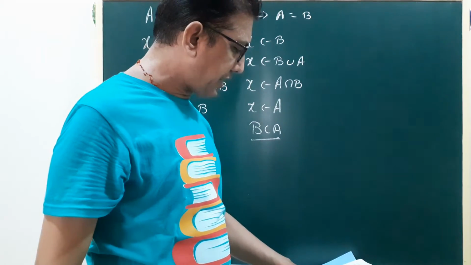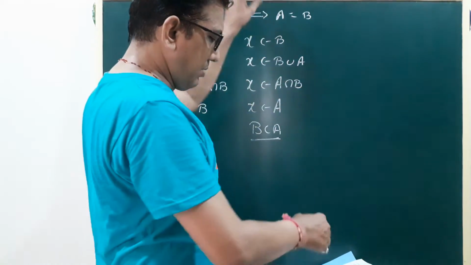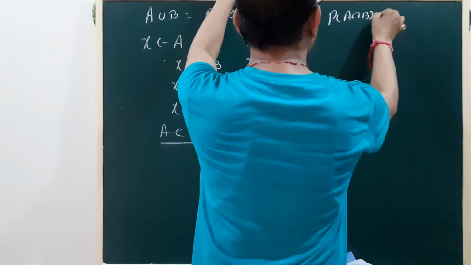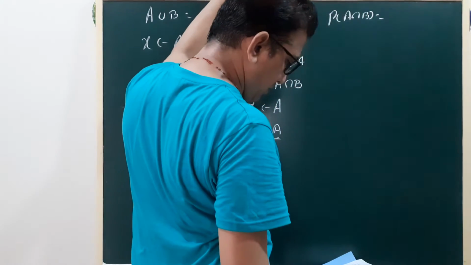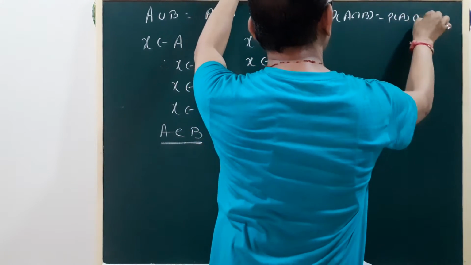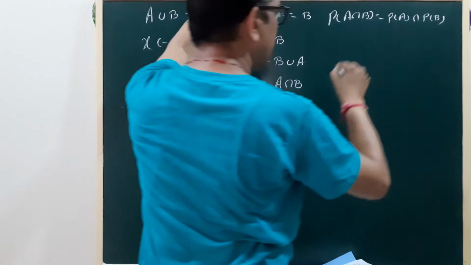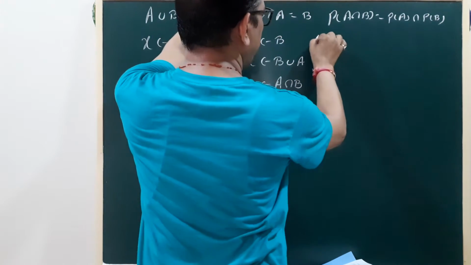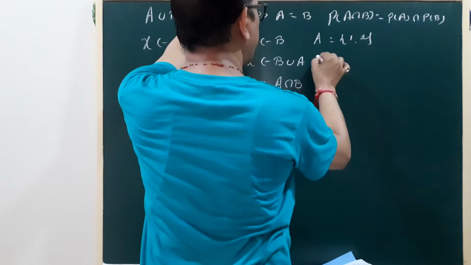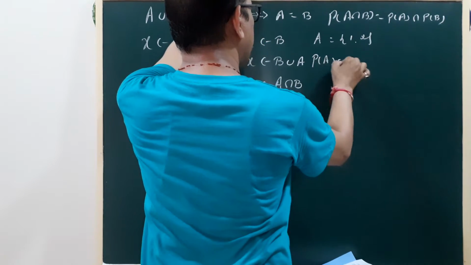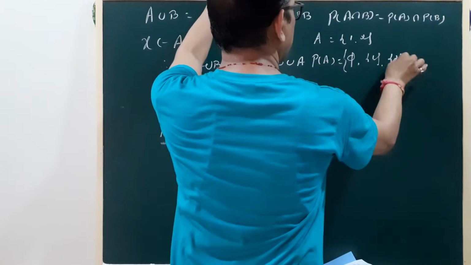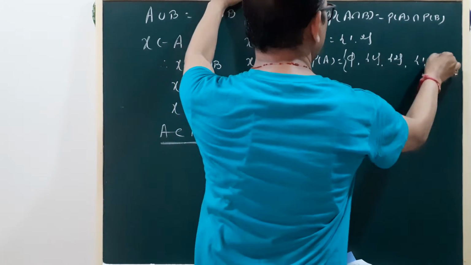Now example number 31. For any sets A and B, show that P of A intersection B equal to P(A) intersection P(B). First we give an example. Suppose A equal to {1, 2}. The power set of A is phi, {1}, {2} and the set itself.